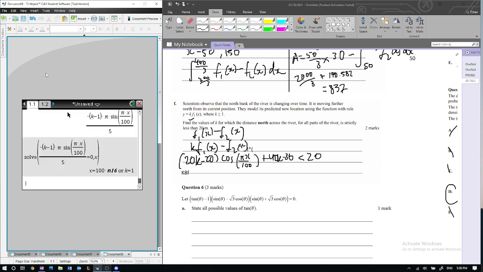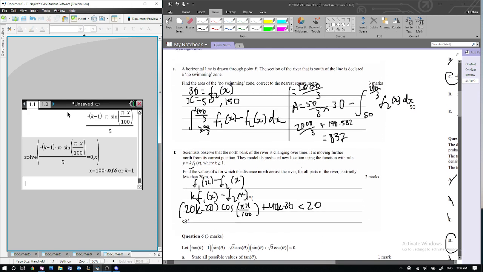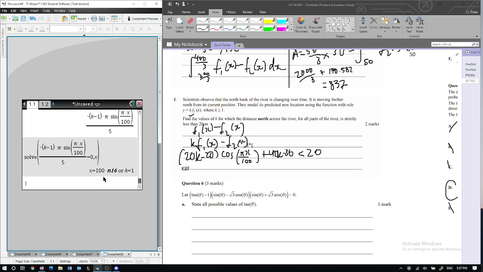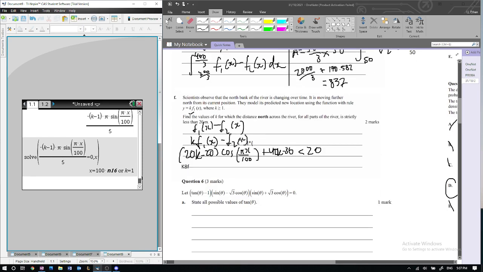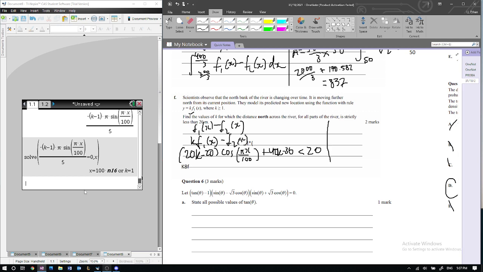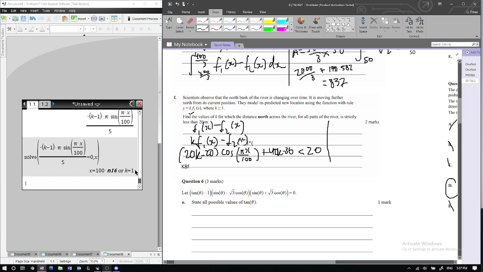So you get k is equal to 1. I think it was a domain error then, because x equal to 100 wasn't right. If it was a domain error, then even in a real exam, you can always try again. If you subbed in 1 for n and it didn't work, I'll sub in 2 now. So x is equal to 200 is where the maximum occurs.